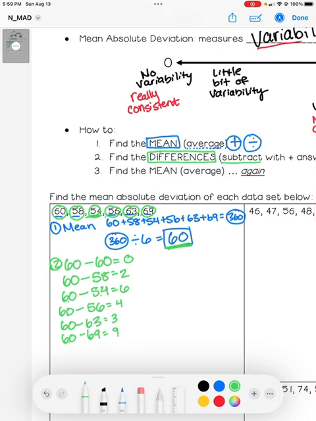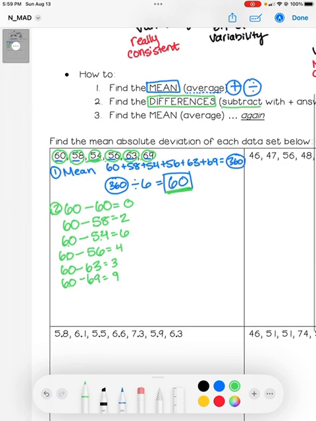Again, 60 minus 63 would actually be a negative 3, but we're not interested in the subtraction here. We're interested in the difference between the numbers, the distance between those on a number line. And distance is always positive. So we want the positive versions of all those answers.